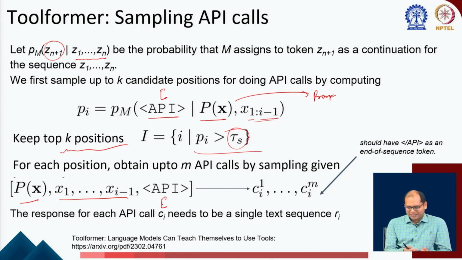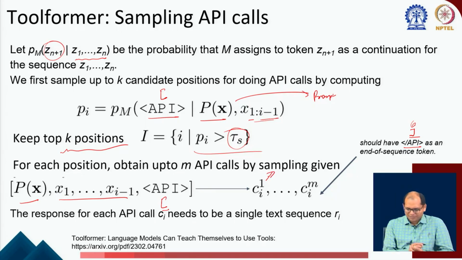They use another trick: it will stop whenever it encounters the end-of-API token. You start from here and keep generating until you get the end of the API, and whatever is in between, from open to close, is your actual sample of the API call.